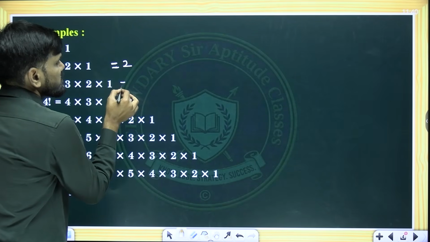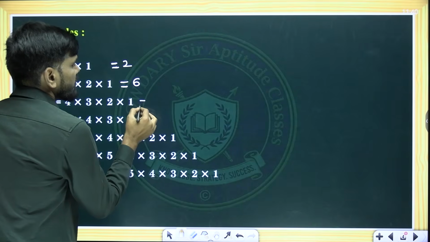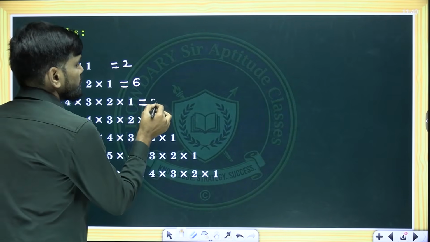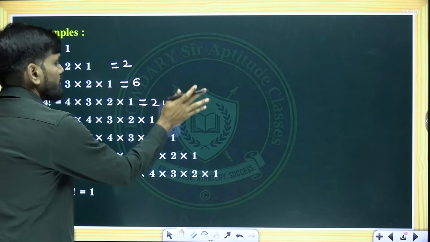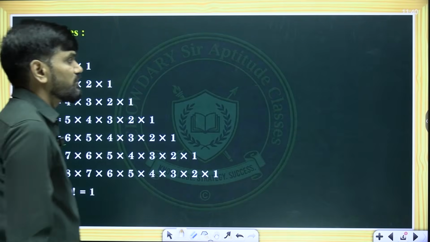3 factorial is 3 into 2 into 1, that is equal to 6. 4 factorial, that is 4 up to 1, will be equal to 24, and so on. So, I strongly recommend you to learn up to 8 factorial.